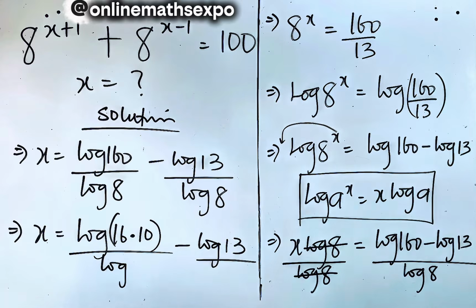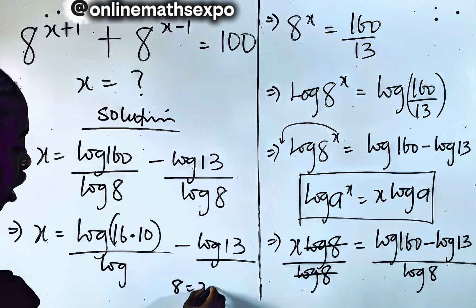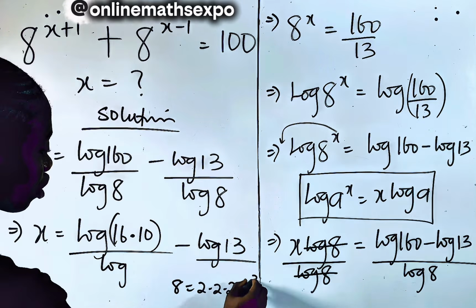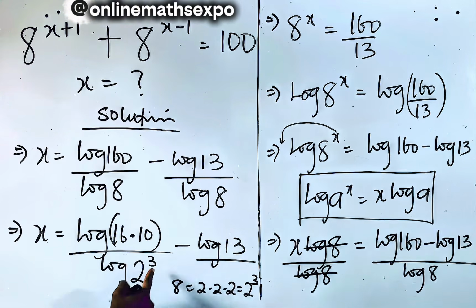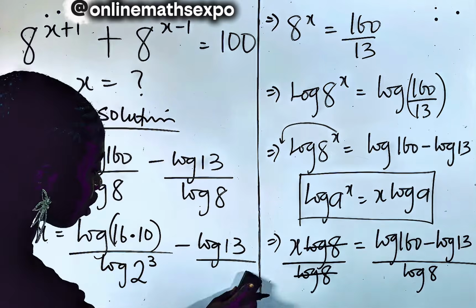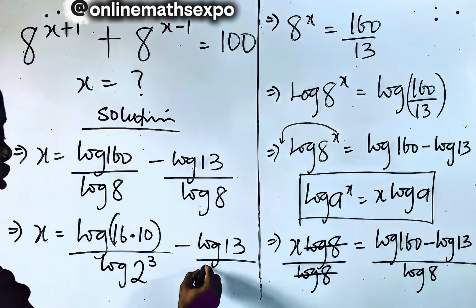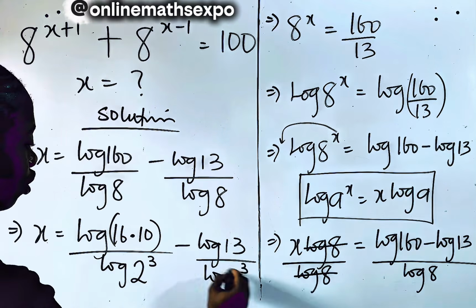We know too well that 8 is the same as 2 times 2 times 2, which is 2 to the third power. So instead of writing 8, we can write 2 to the third power to simplify it. Then we can also do the same here. So we are going to have log of 2 to the third power.